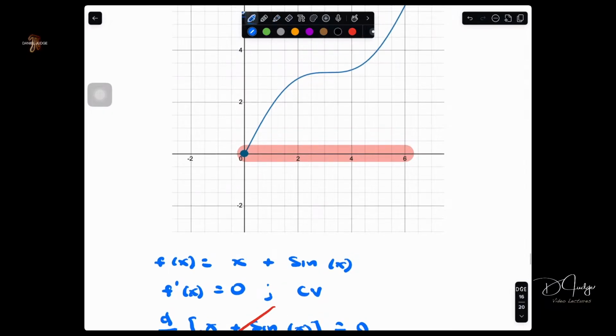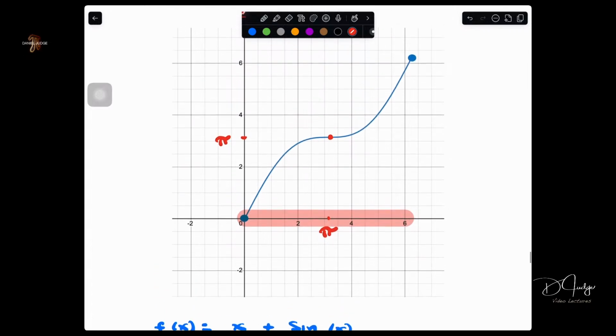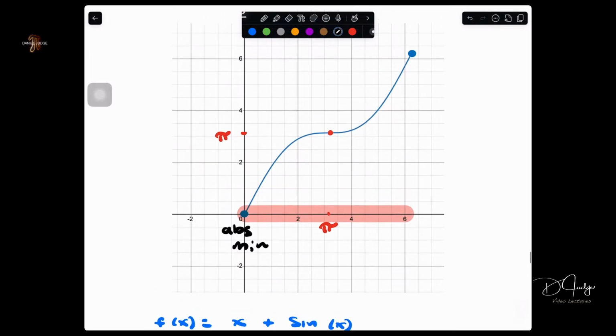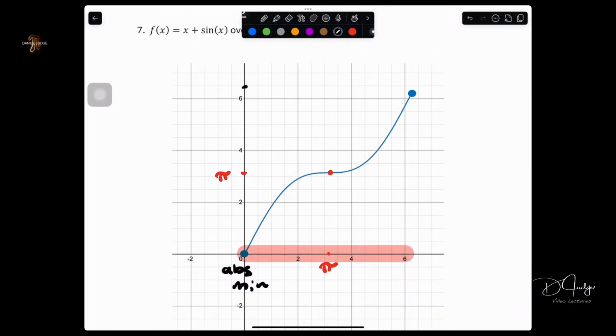So pi is about 3.1, somewhere over here maybe, a little bit to the left there. And so, yeah, you can see here, there's an absolute min here. That's the 0. And the absolute max, we're really talking about the y coordinate value. That's where 2 pi would be.